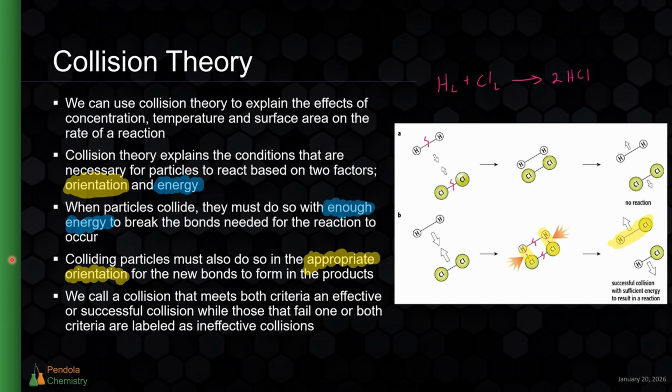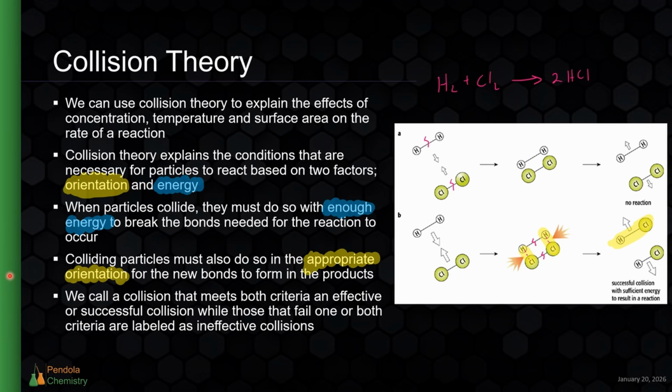So the collision has to have enough energy, and it has to be oriented in the right direction, the right orientation, in order for the particles to collide and actually react. We call the collision that meets both criteria, a collision that has enough energy and is in the appropriate orientation, a successful collision, or sometimes called an effective collision.